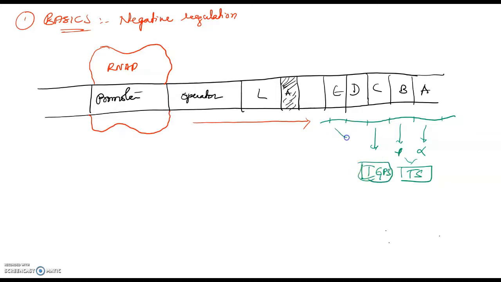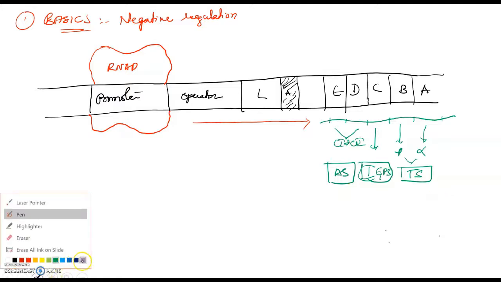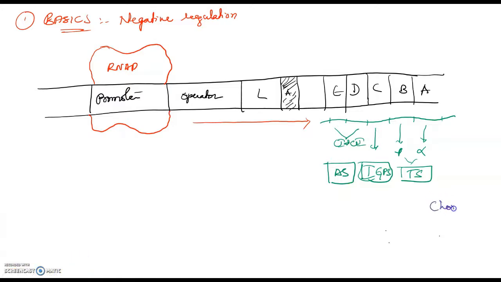These two will code for component 1 and component 2 of anthranilate synthase. All these three together will convert chorismate to your tryptophan.